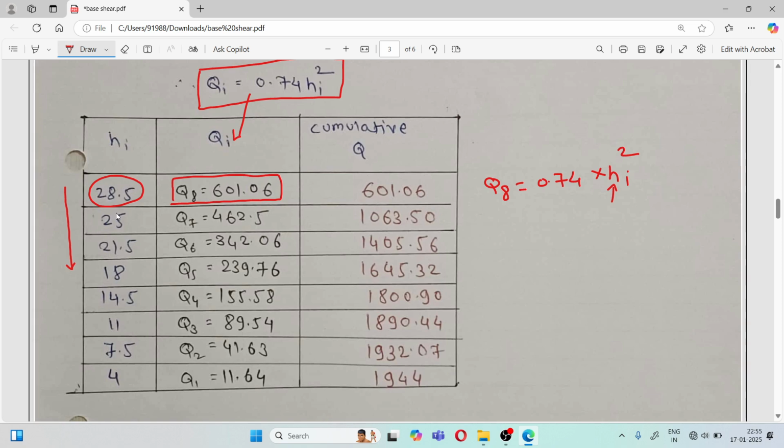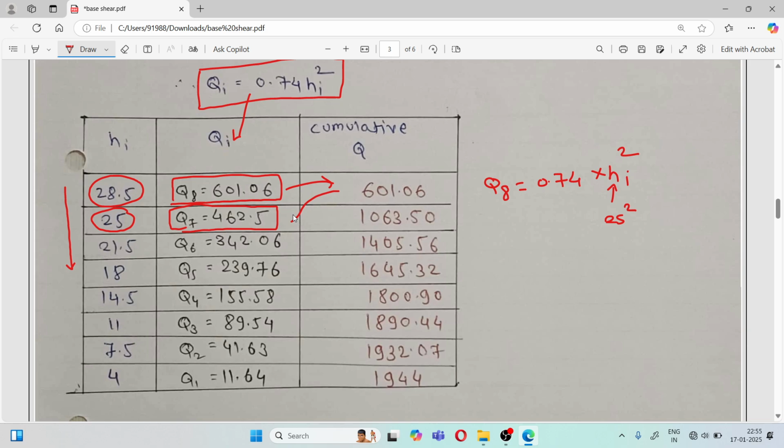Similarly, Hi square, here you will get the lateral force at the 7th story. Similarly, do it for the remaining stories. When we do the cumulative, write this value as it is, 601.06.